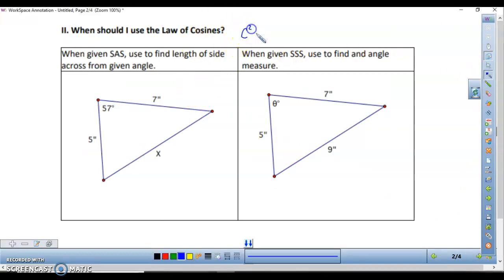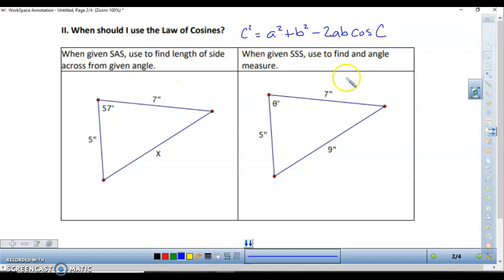The law of cosines is c squared equals a squared plus b squared. You'll notice right there, this is the Pythagorean theorem. Well, the law of cosines is just an extension of the Pythagorean theorem. Oops, forgot my 2. All right, so there, my friends, is the law of cosines.